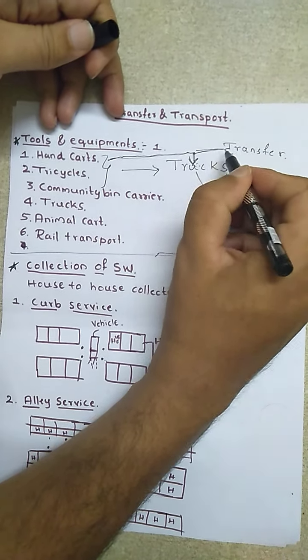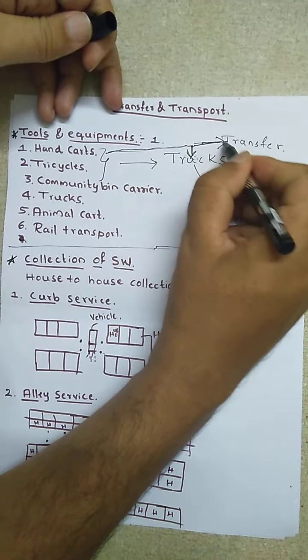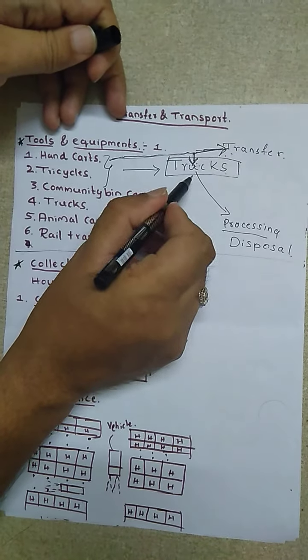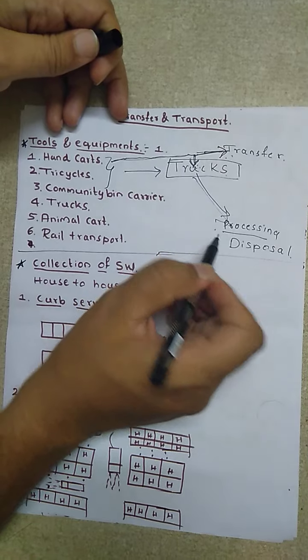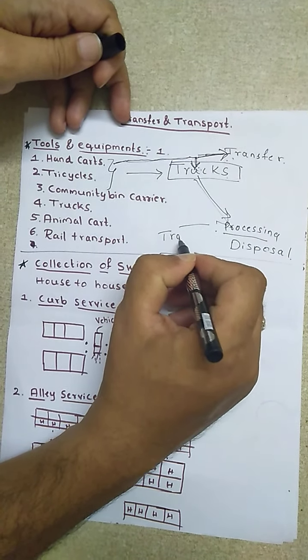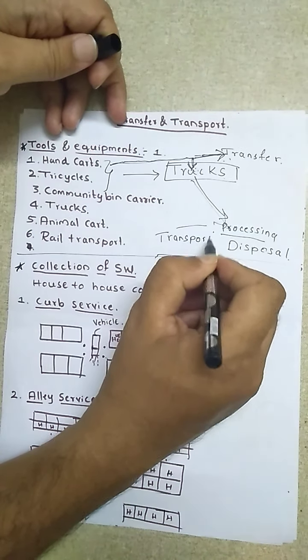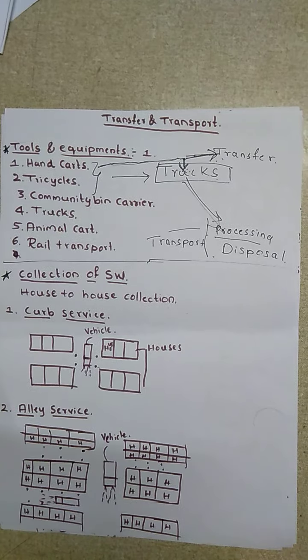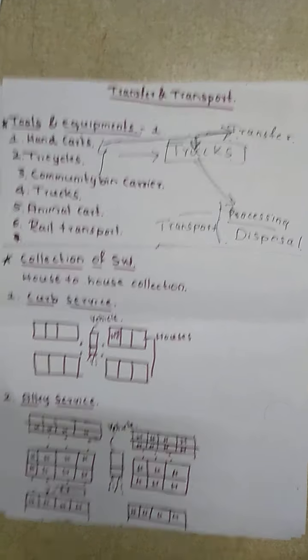We call it a transfer. And when these trucks go to the processing or the disposal site, we call it a transport. I hope the thing is clear. Smaller to larger vehicle, whenever we shift the solid waste, we call it a transfer.